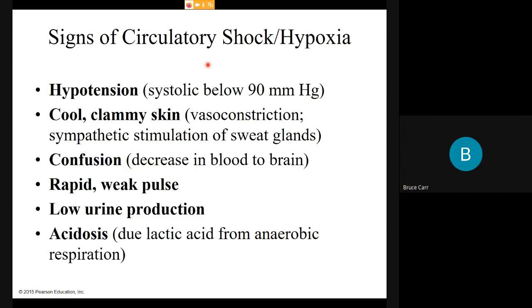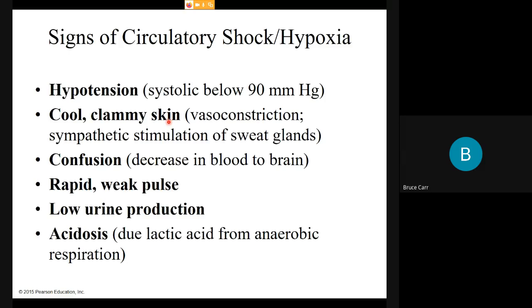Now, if you lose enough fluid, you experience a thing called shock. The driving force of shock is that essential nature of oxygen. So hypoxia, or low oxygen, is going to be driving this. Below 90 millimeters of mercury, we call that hypotension, which is an acute condition. We experience cool and clammy skin, which is an odd combination.